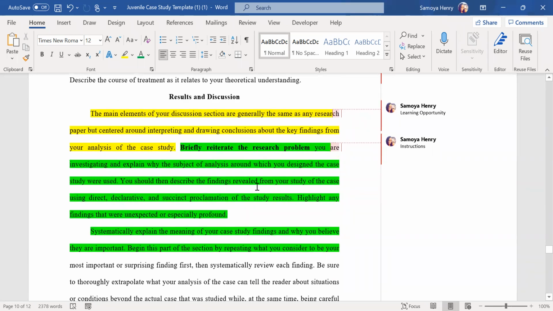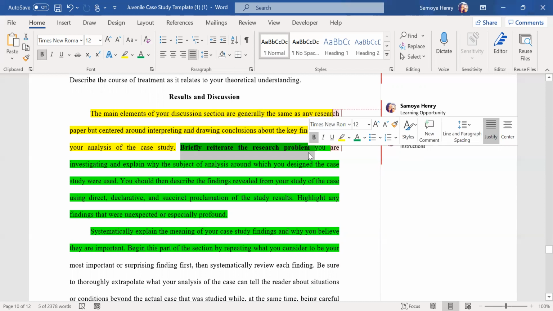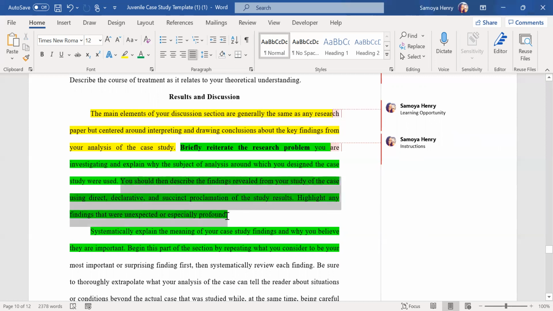Then for your results and discussion, briefly reiterate the research problem, which you already have. And after you've done your interview, what did you find? You're pretty much rewriting everything that you just wrote. That, based on this long interview, childhood sexual abuse is a significant factor in juvenile delinquent behaviors.